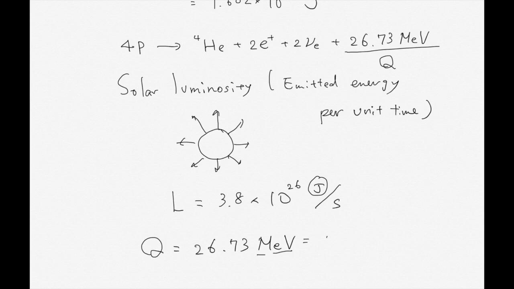Then it becomes 4.3 times 10 to the minus 12 joules. So every formation of helium releases 4.3 times 10 to the minus 12 joules of energy.